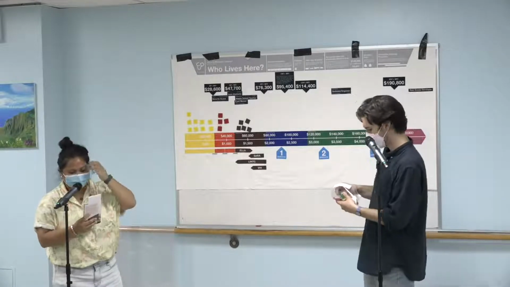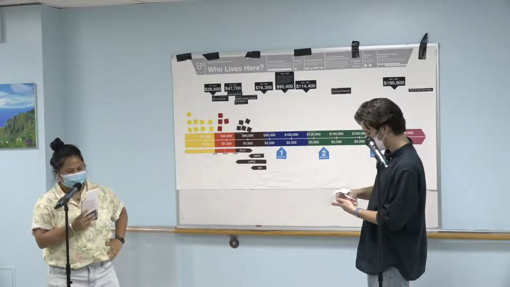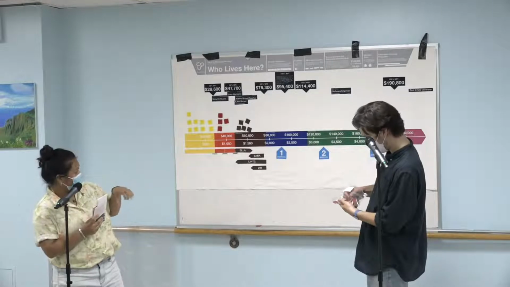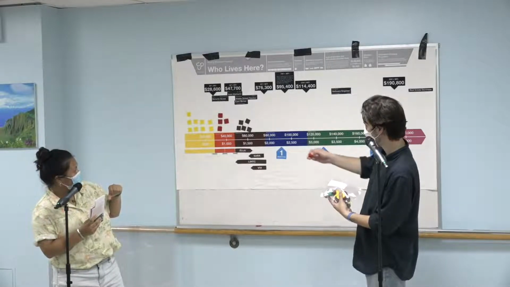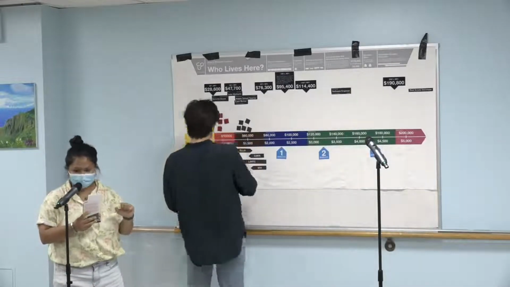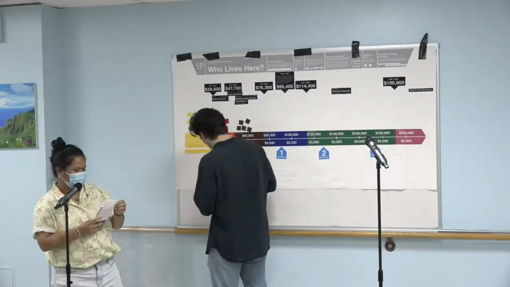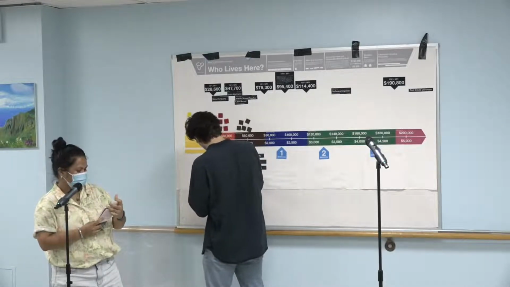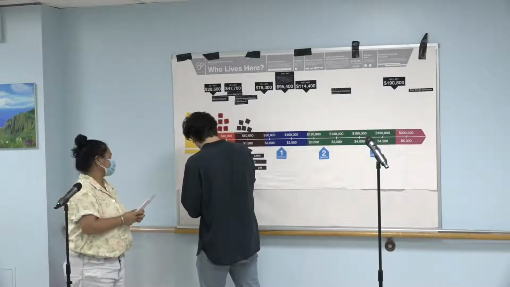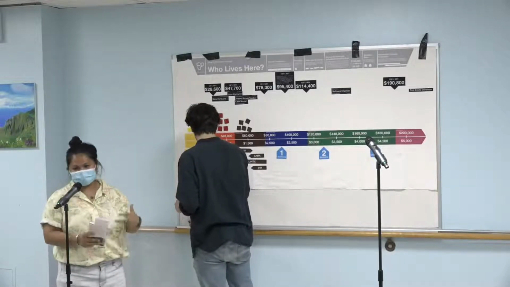Mm-hmm. So of the 153, there's going to be 60 targeted for families making 40% AMI. So 6 circles over here at 60? Yeah, so around the 40,000 range. There's a mix, so it's like studios, 1 bedrooms, 2 bedrooms, 3 bedrooms.